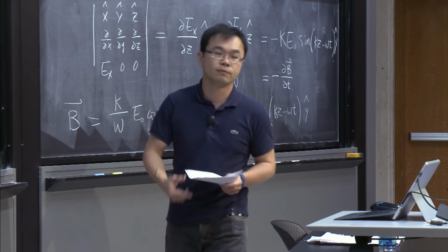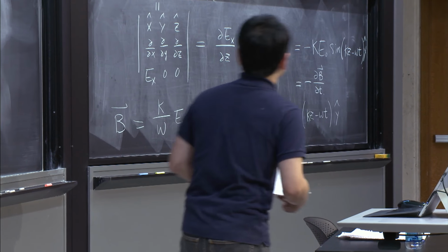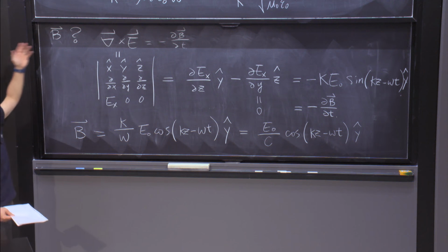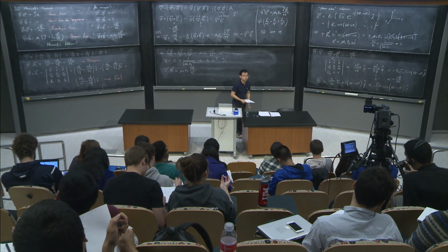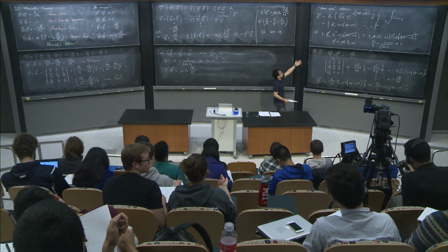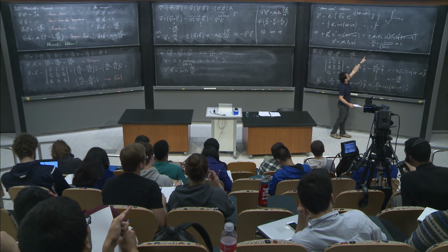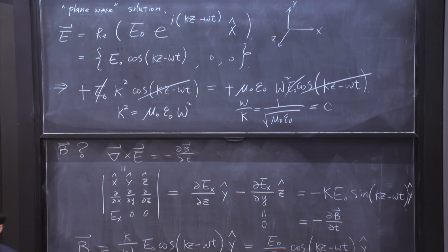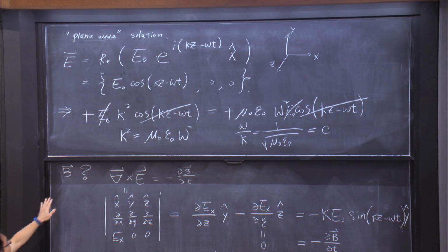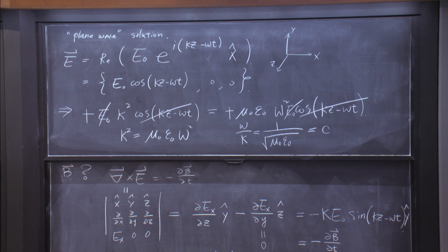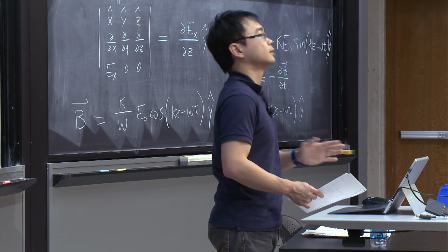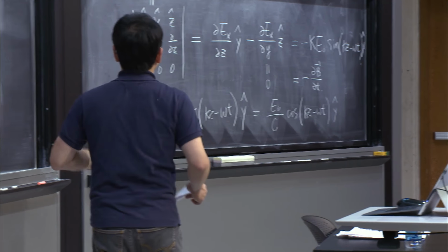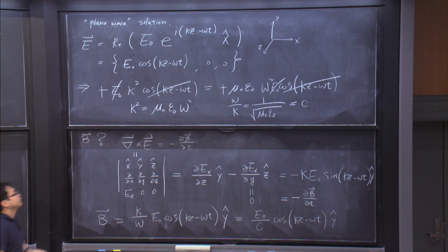Look at what we have learned from here. I started with a plane wave solution of the electric field, and I can show that only when omega over k is equal to the speed of light is this a solution to my wave equation. And because the electric field and the magnetic field have to satisfy Maxwell's equations all the time, because that's the fundamental law, I can use those equations to find the corresponding magnetic field.